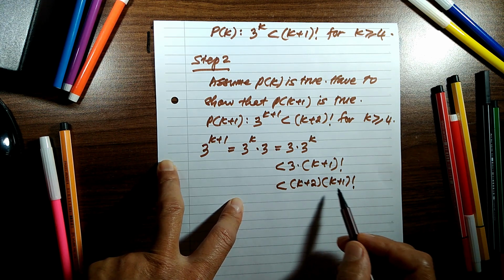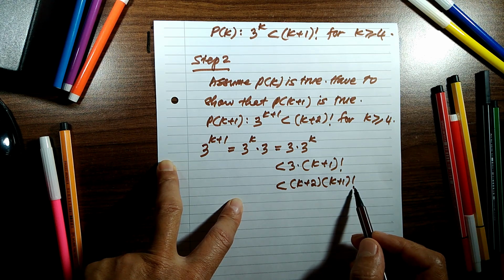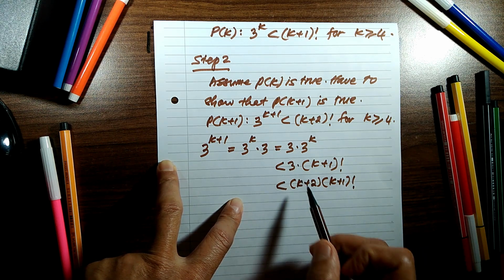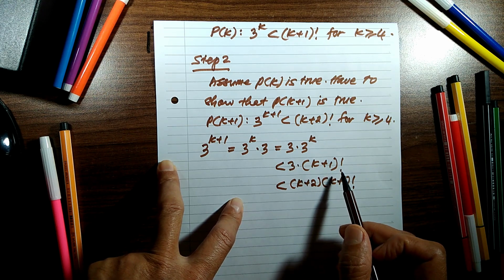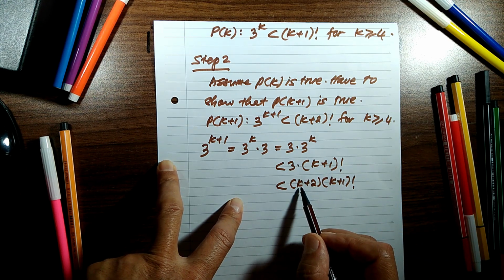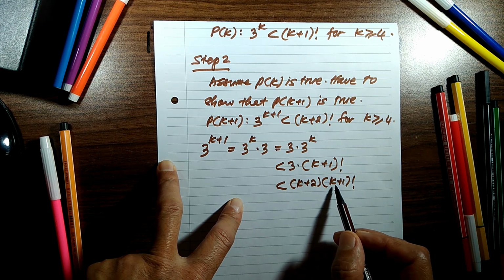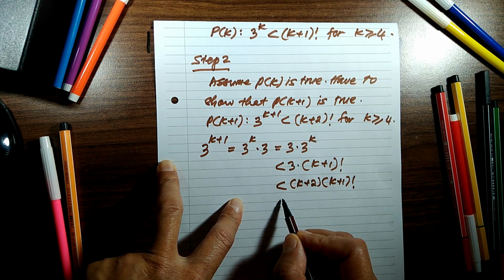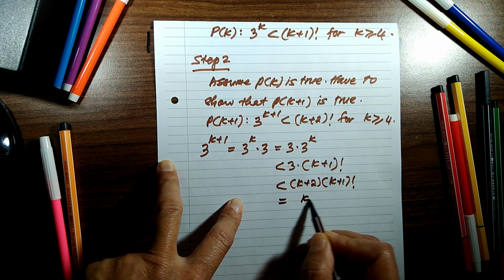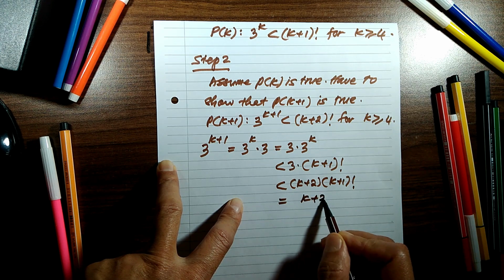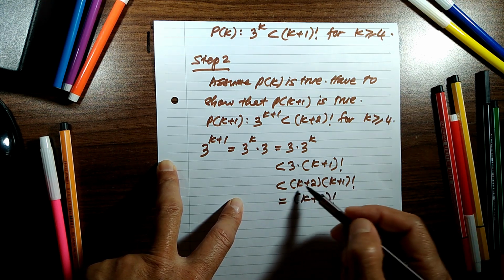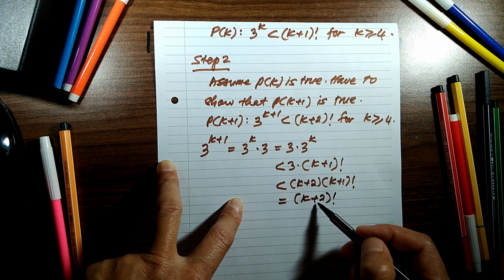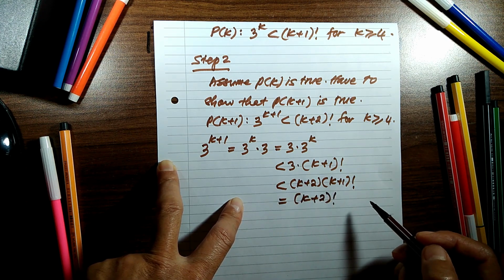So 6 multiplied by (k plus 1) factorial is, of course, greater than 3 multiplied by (k plus 1) factorial. And this term here, (k plus 2) multiplied by (k plus 1) factorial, is equal to (k plus 2) factorial. How do I get from this step to this step? I think you have to think about that.